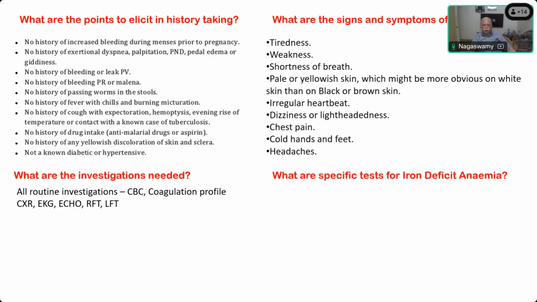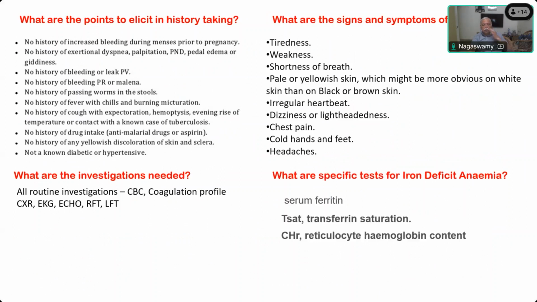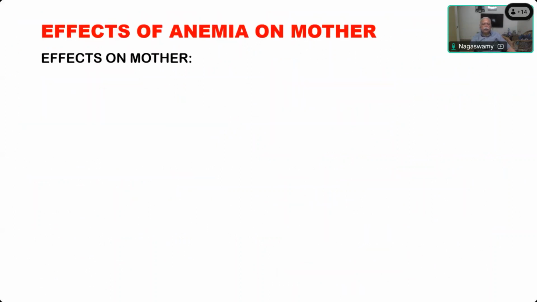And specific tests for iron deficiency anemia are serum ferritin, transferrin saturation, reticulocyte hemoglobin content, CRP and hepcidin level. These are the 5 tests recommended for iron deficiency anemia to assess the severity and degree of anemia. And total iron binding capacity is also quite important to find out the type of anemia.